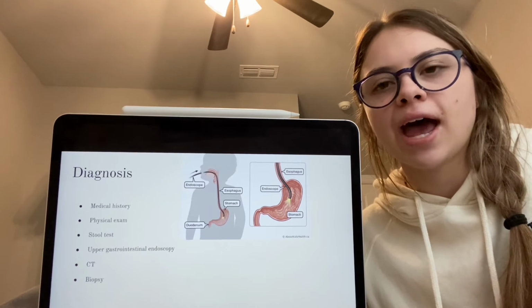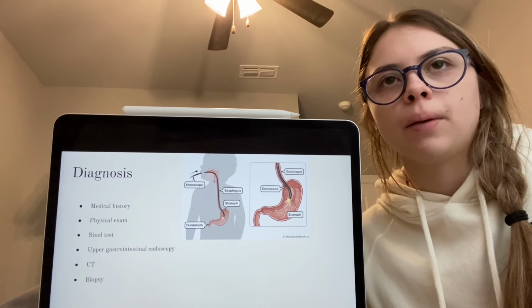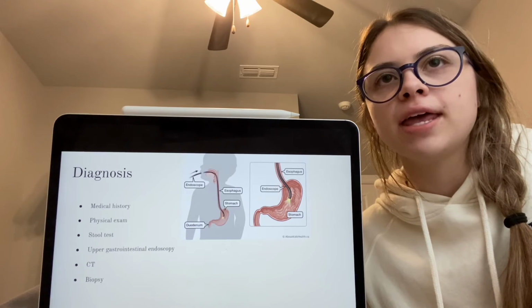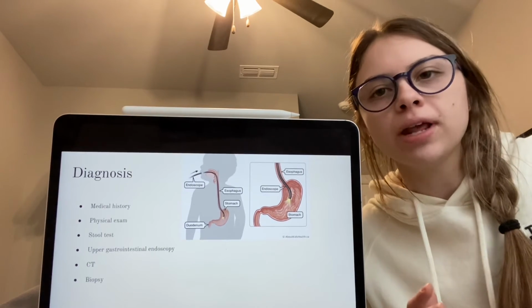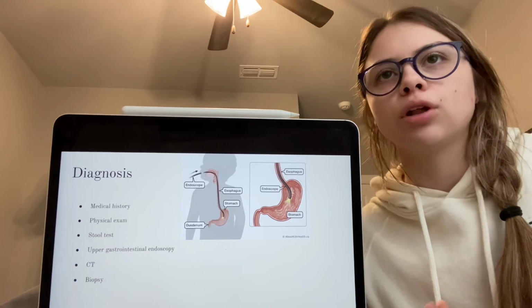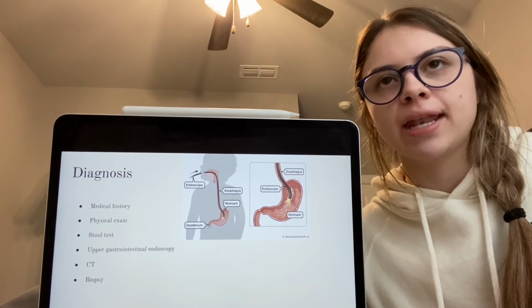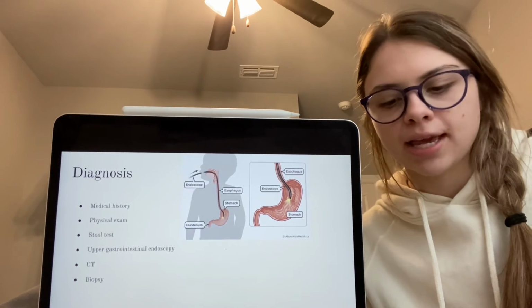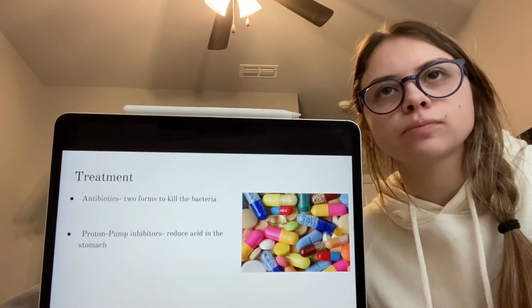Any stool test to see if there's any hidden blood, and then an upper gastrointestinal endoscopy, which would be a camera that is placed down into your stomach to look around for any symptoms. Of course, a CT scan and biopsies are mainly done when that camera goes down and they take a little bit of tissue out to examine.